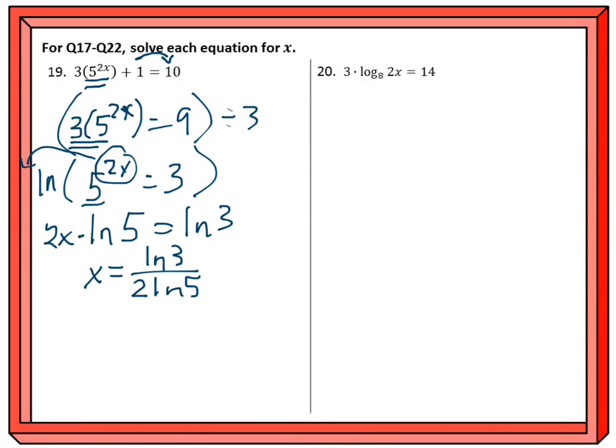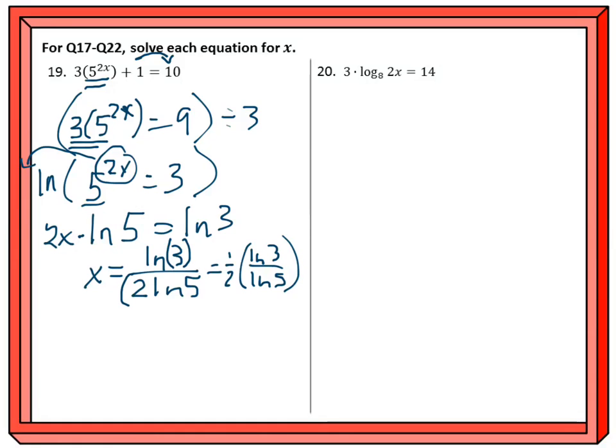Not everybody did it like that. Some people took, say, the natural log of 3 divided by the natural log of 5, got an answer, and then divided by 2. Or you could take a half of the natural log of 3 divided by the natural log of 5. Whatever, make sure that you're using the proper number of parentheses here. So whenever you type this into the calculator, it'll open up parentheses on the 3, close it.